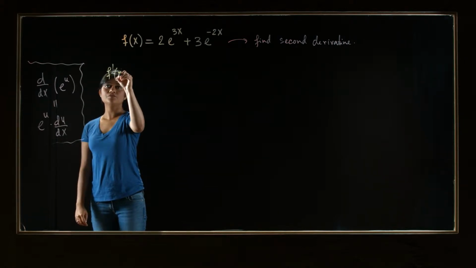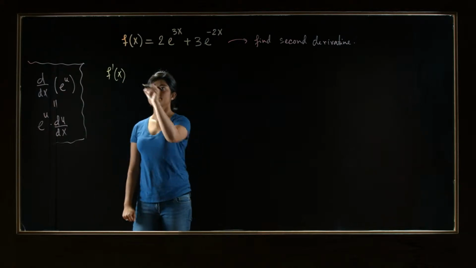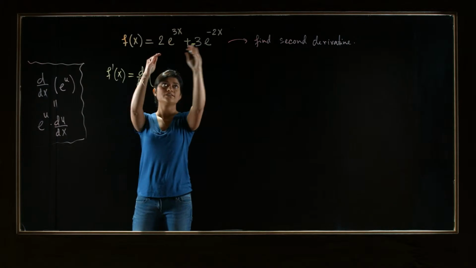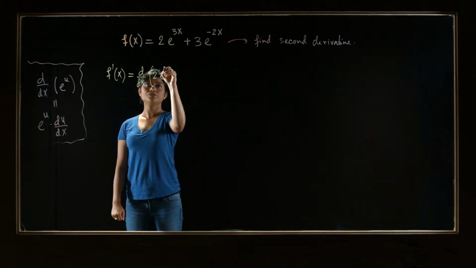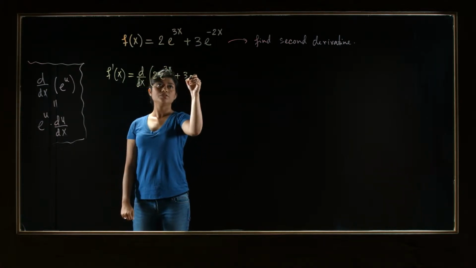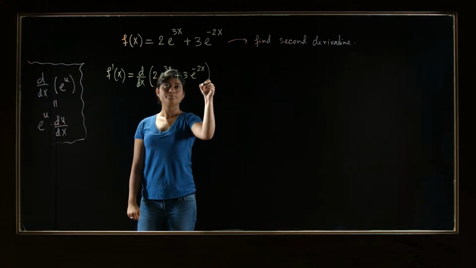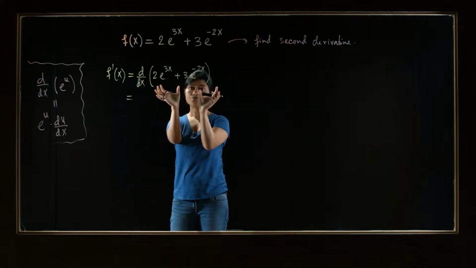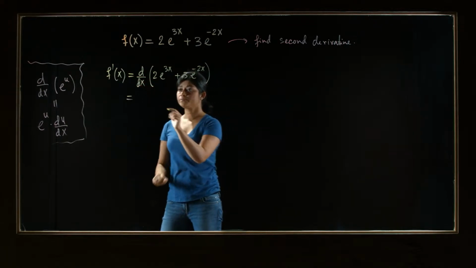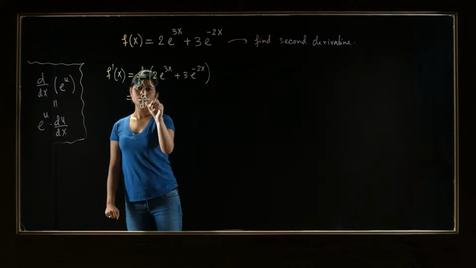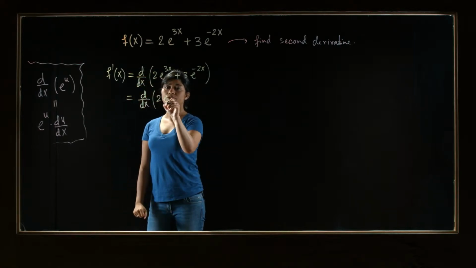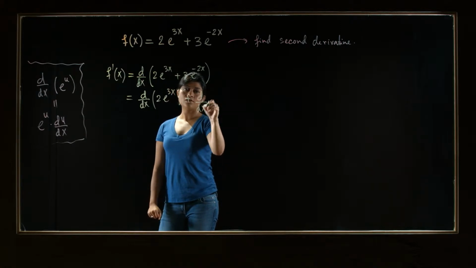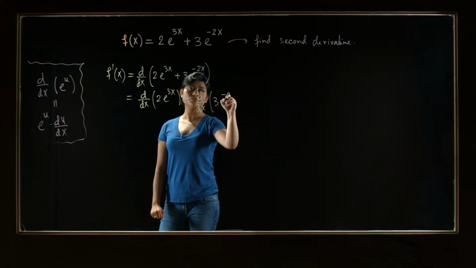computing the first derivative. So, what is f prime of x? Well, that is the derivative d dx of this entire expression, 2e to the 3x plus 3e to the negative 2x. Now, let us split this entire derivative into two separate derivatives. First, this is equal to d dx of 2e to the 3x plus d dx of 3e to the negative 2x.